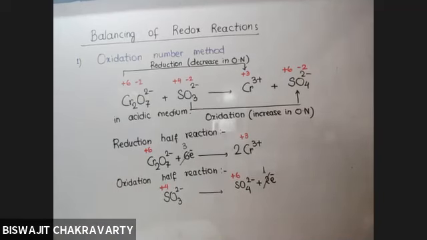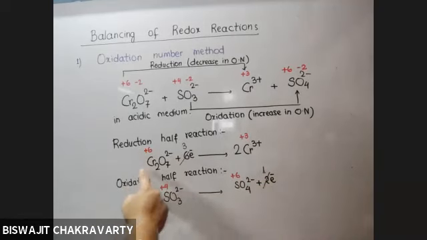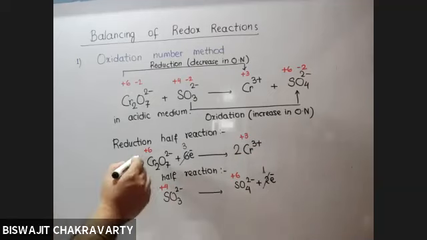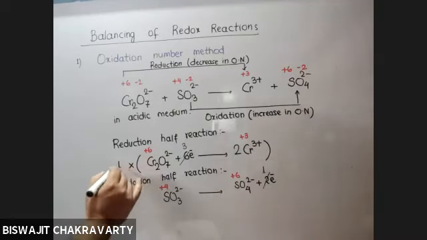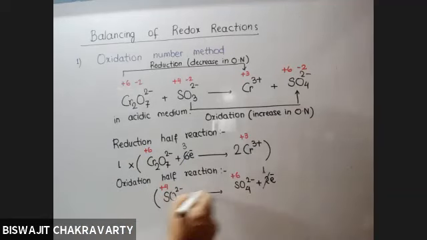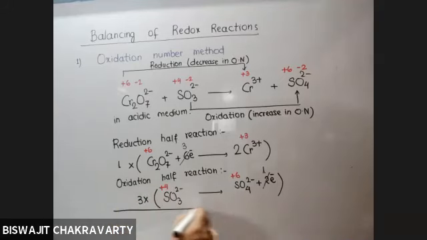Okay. The next step that you need to do is, whatever number of electrons after simplification comes here, you multiply that number with the first equation. And whatever is present here, you multiply that with the second equation. And add up the two half equations. And tell me, after adding up, what equation comes out?